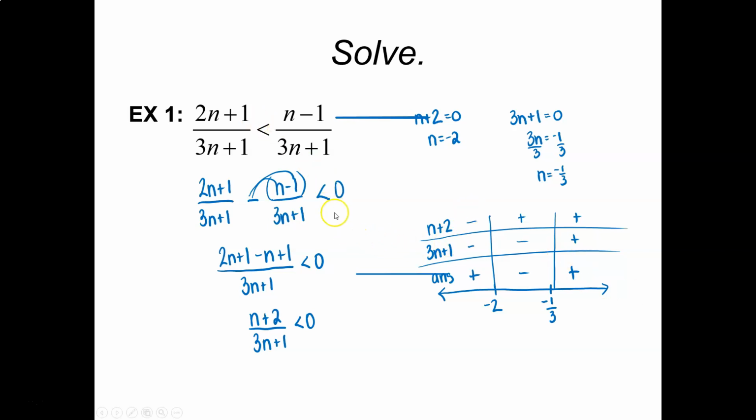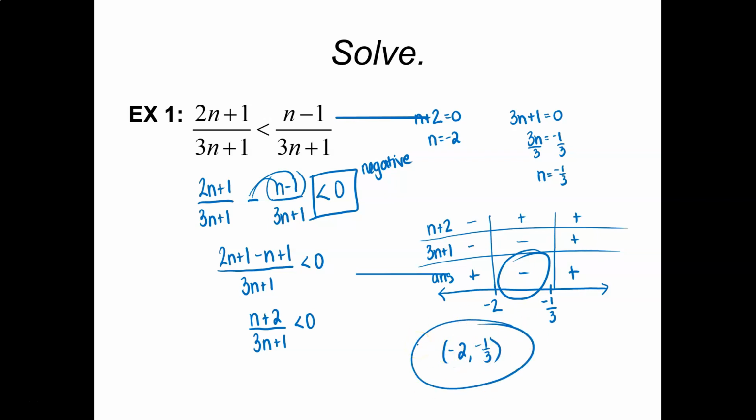Right, so right here, we moved everything to one side, we got less than 0, which tells us negative. So negatives are our answers, so we would just have -2 to -1/3 as our answer here. And again, we don't have the or equal to sign, so we don't have to worry about brackets. It's all going to be parentheses.